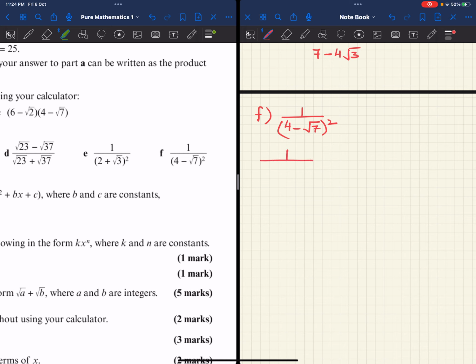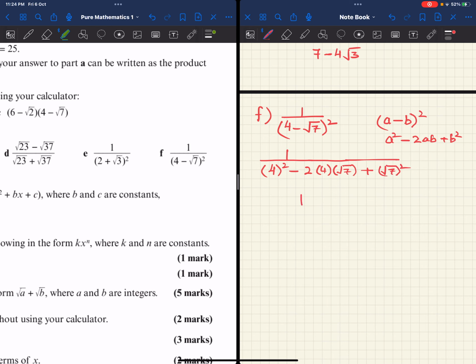We have 1 divided by 4 minus root 7 squared. 4 minus root 7 squared is in the form of a minus b the whole squared, which is a squared minus 2ab plus b squared. So let's do our a is 4, so 4 squared minus 2 into our a, which is 4, into our b, which is root 7, plus the square of b, which is square of root 7.